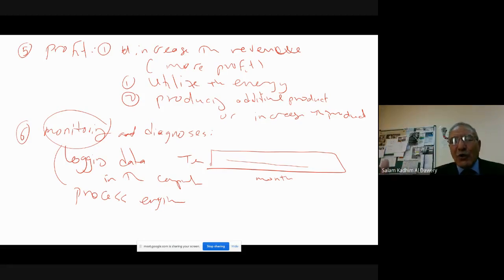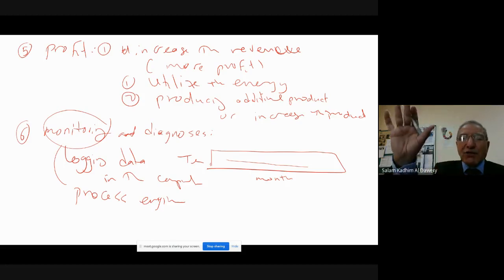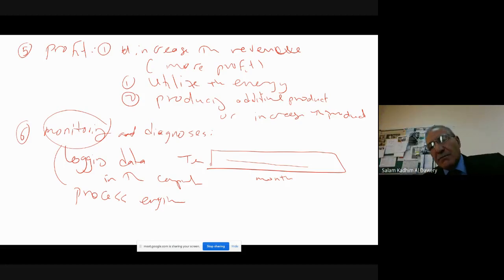How do you know? Either there is a paper recording, or there is data logging there. You can come back. This data can be sent to the engineer or to the people designing the plant to look at where the deficiencies are in that particular equipment.